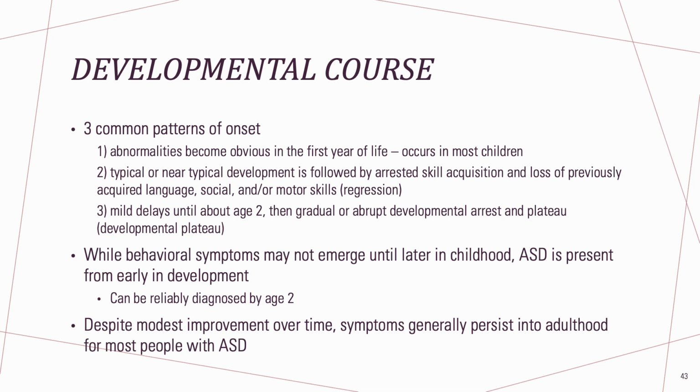And then in terms of the trajectory and course of the lifespan of someone with autism, despite modest improvements over time in their symptoms, we know that symptoms generally persist into adulthood for most people with autism.